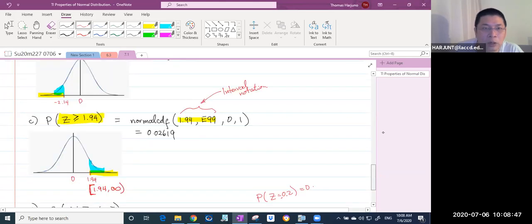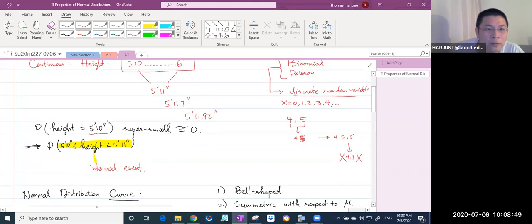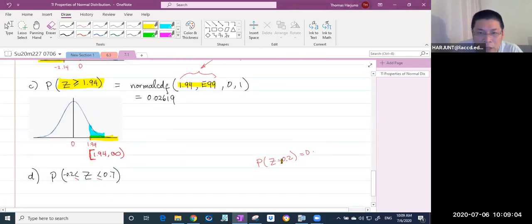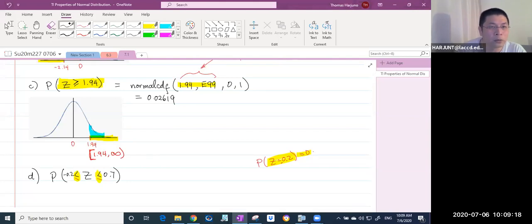Remember my illustration about the height? The height for exactly that one number is super small, basically 0. Therefore, whether you include the endpoints or not, it will be the same for a continuous distribution. For discrete, it makes a difference, but for continuous, it will be the same.